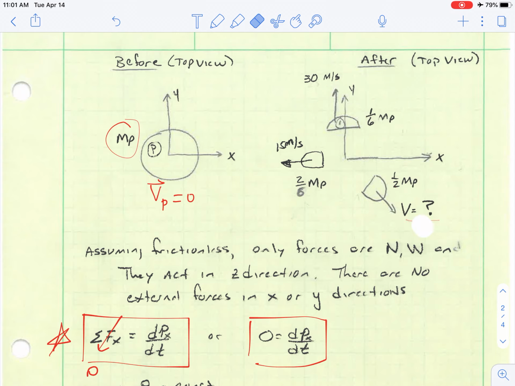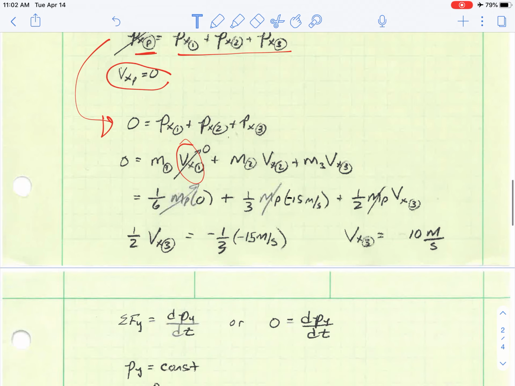We showed it here earlier. So this is the first piece and only has y component. That means there's no x component. So that's going to go to 0 in this equation. And the other 2 will stay.